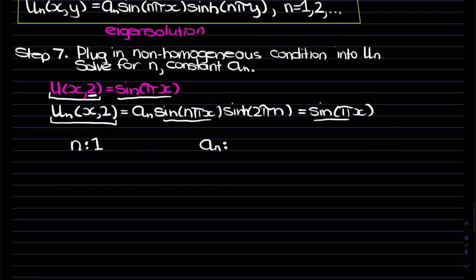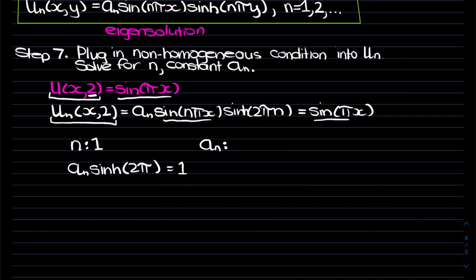Now to solve for our a of n, what we're going to do is just set the left-hand side equal to the right-hand side. And if n equals 1, we can divide by the sines, and we're going to get a of n times the hyperbolic sine of 2 pi, because n equals 1, equals 1.